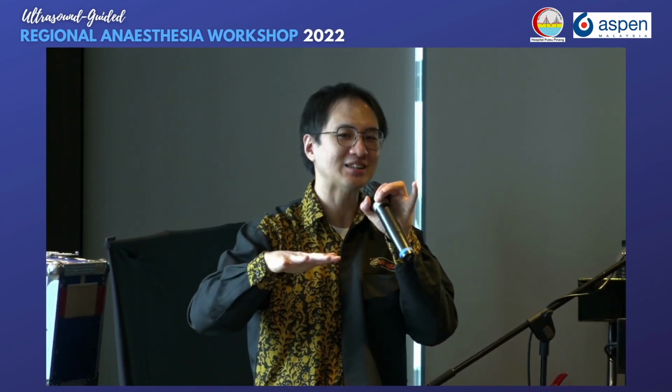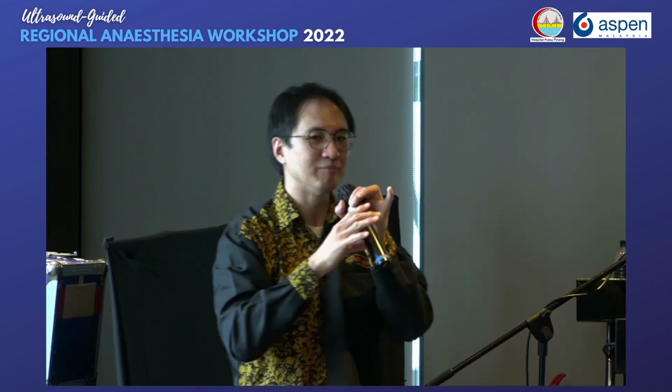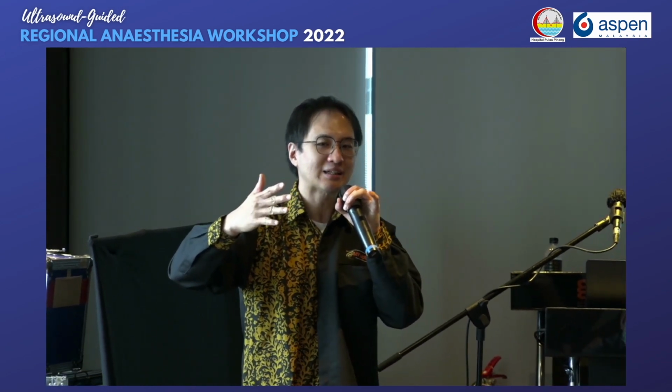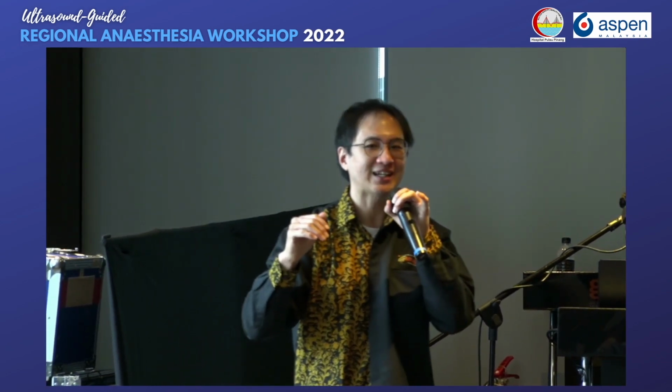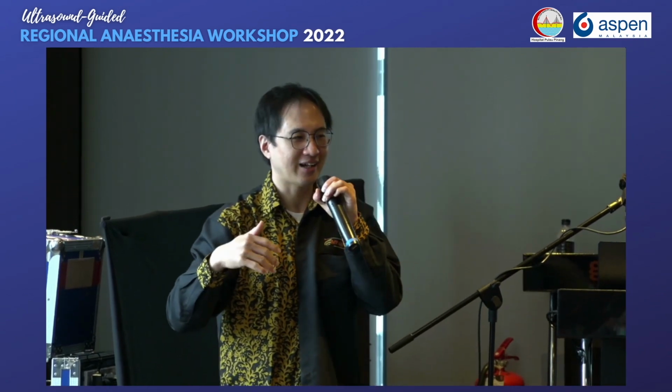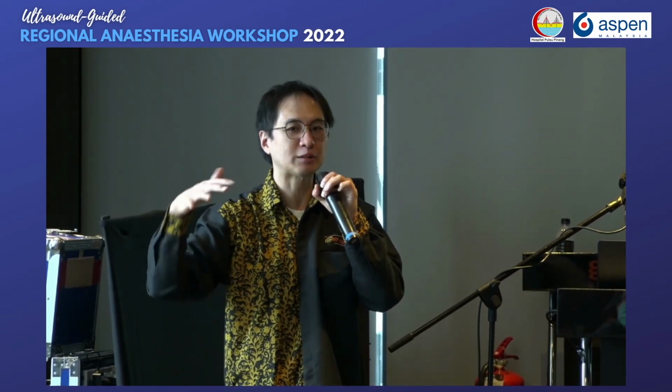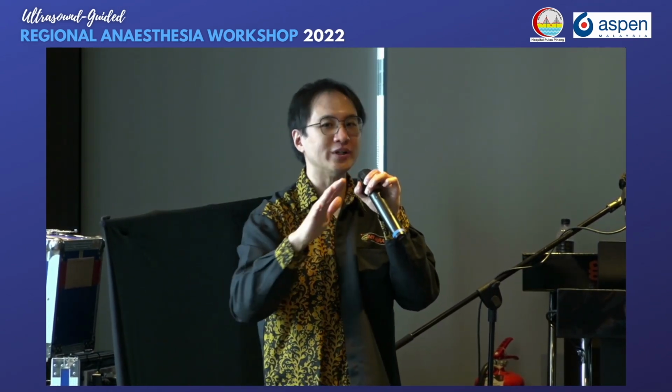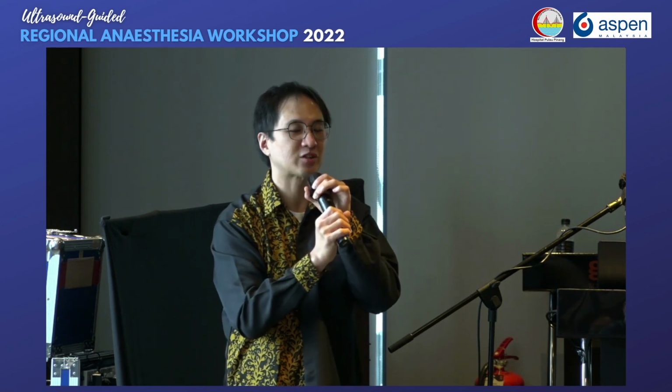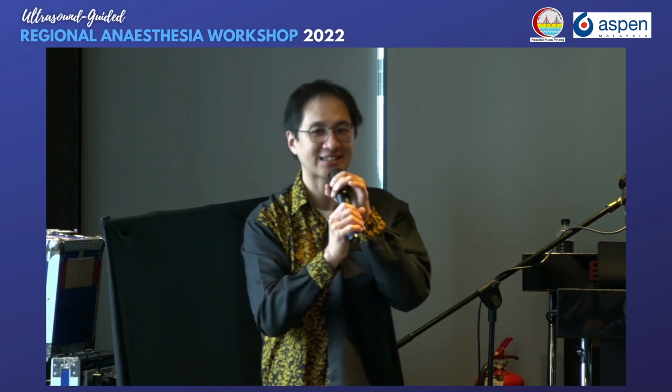You're still above the iliacus muscle. Sometimes if you place your probe too medial, you might miss the fascia actually. And too lateral also, you might miss the fascia. The spread might not be as good as that described above the AIIS.